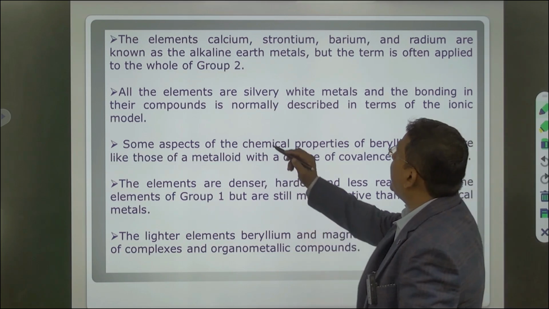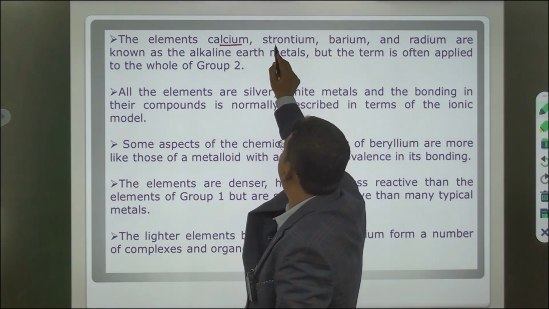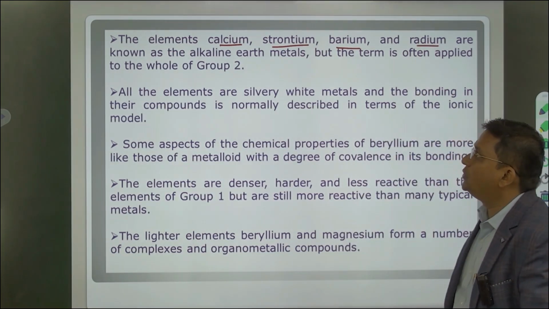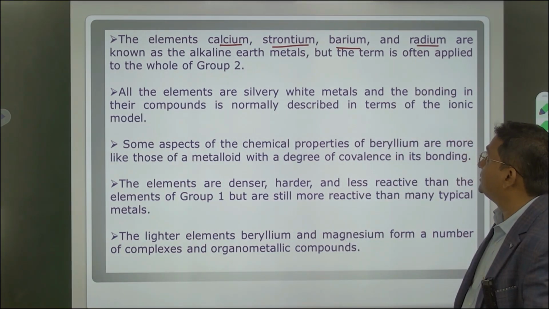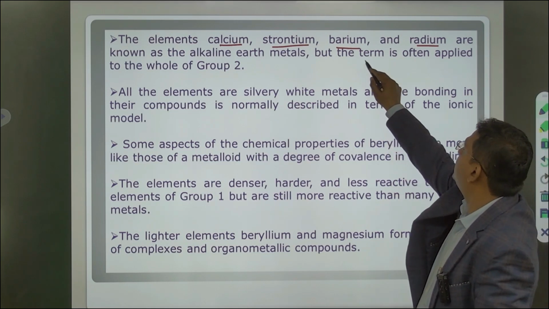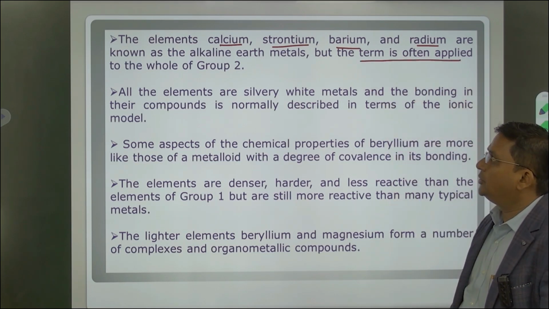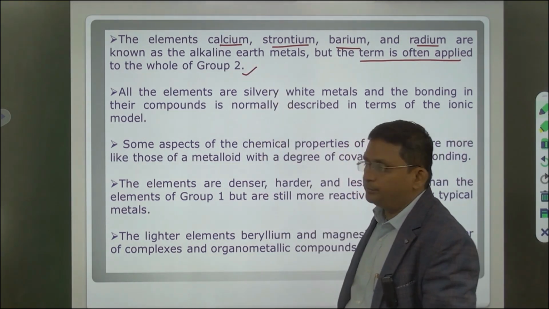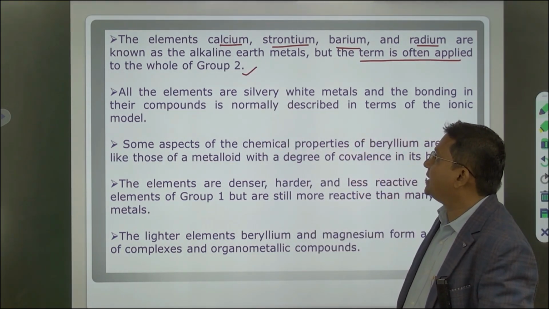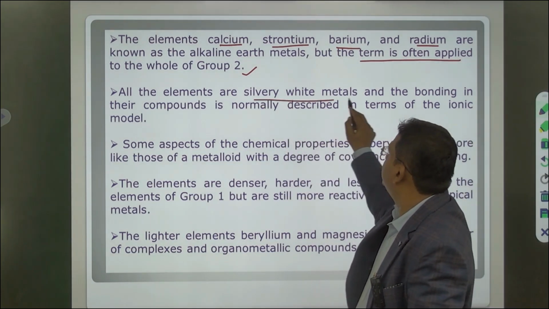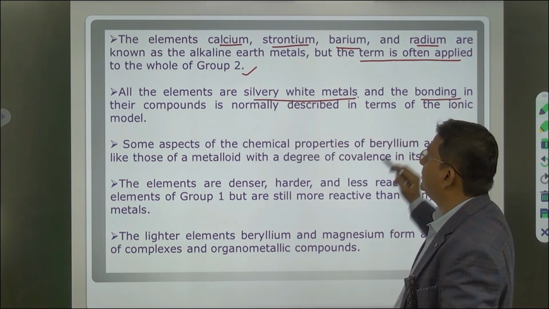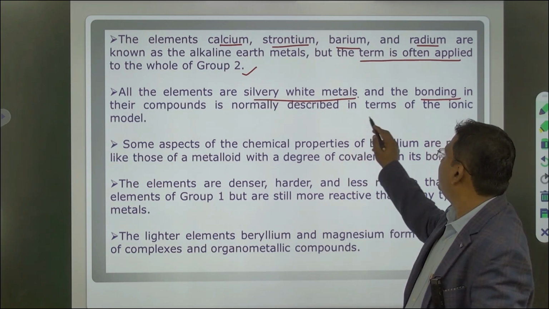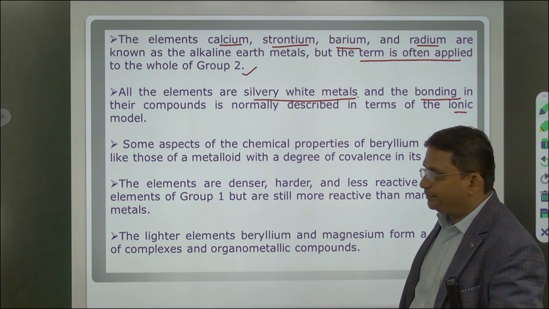The elements calcium, strontium, barium and radium are known as alkaline earth metals, but the term is often applied to the whole of group 2. All elements are silvery white metals and bonding in their compounds is normally described in terms of the ionic model.